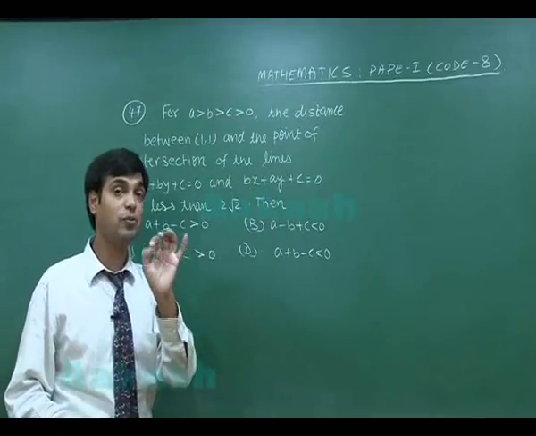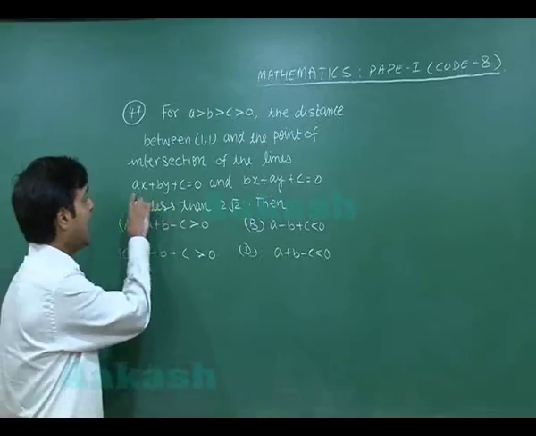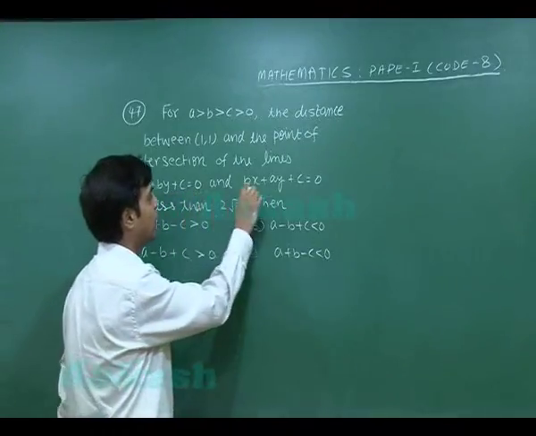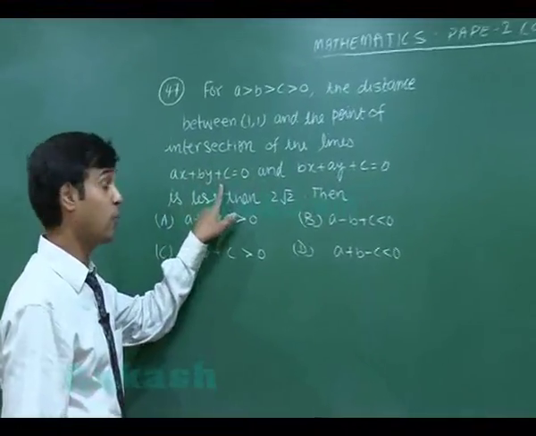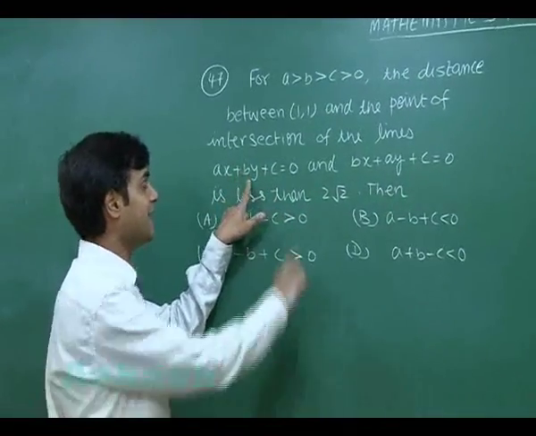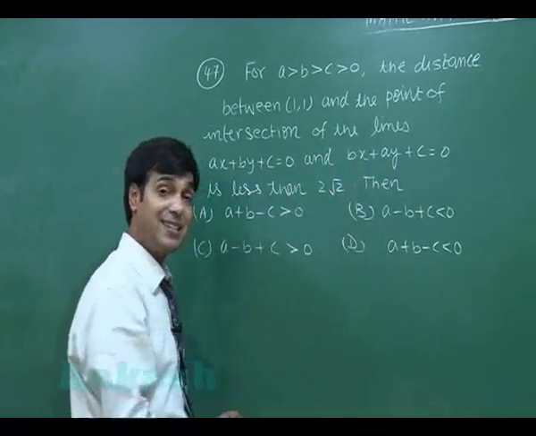So first I have to find the point of intersection of the two lines. ax plus by plus c equals 0, bx plus ay plus c equals 0. I multiply the first equation by a and the second equation by b. What will happen on subtracting? y is cancelled out.